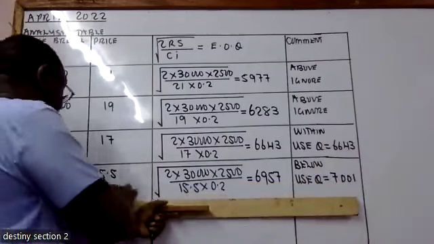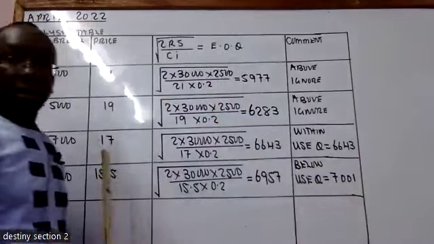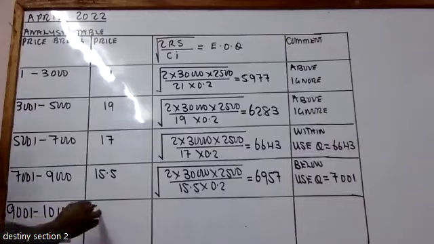Then that one we close here. Then we proceed to the next. The next is 9,001 to 10,000. The price given there is 13.